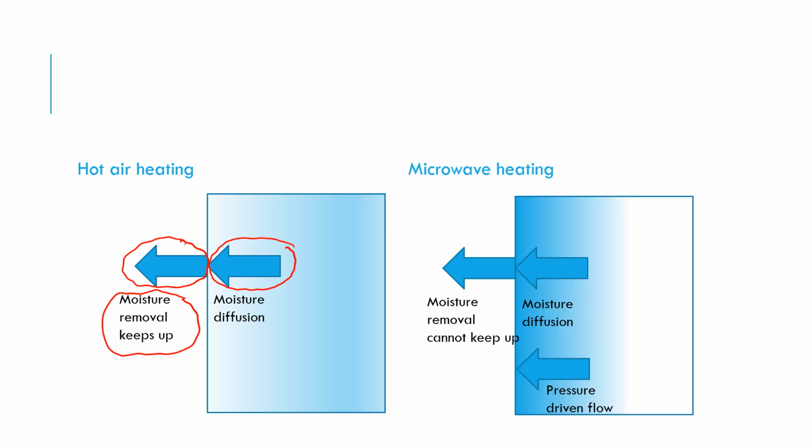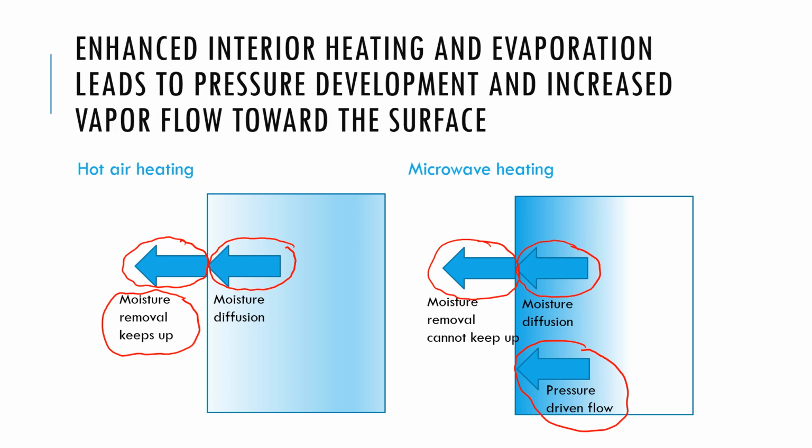But in microwave heating, in addition to this process, yes, there is some moisture diffusion and there is moisture removal, but in addition to that, there is pressure-driven flow. So pressure-driven flow is an additional mechanism that pushes water or vapor toward the surface. This pressure-driven flow is driven by gas pressure and not by concentration as in diffusion.